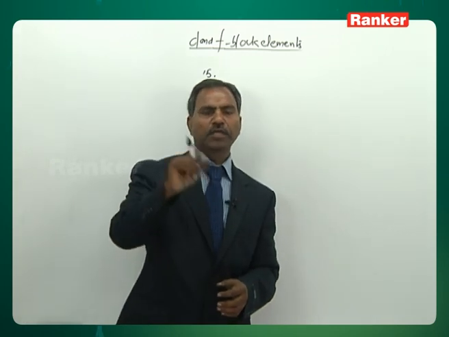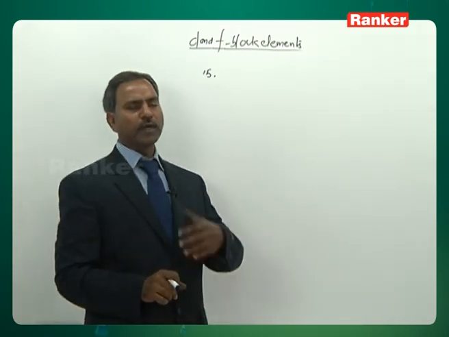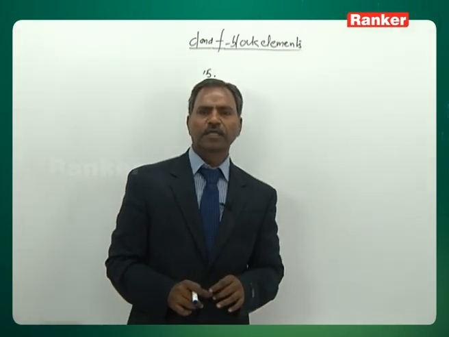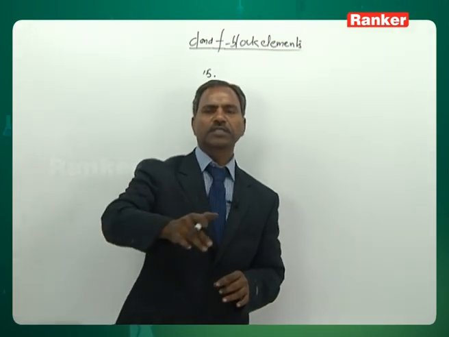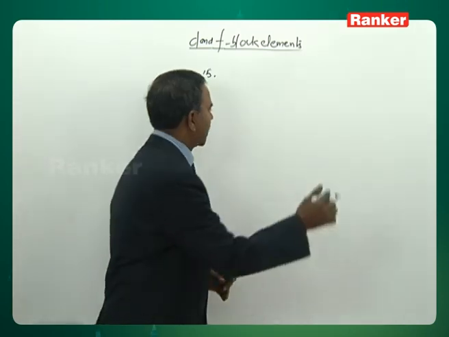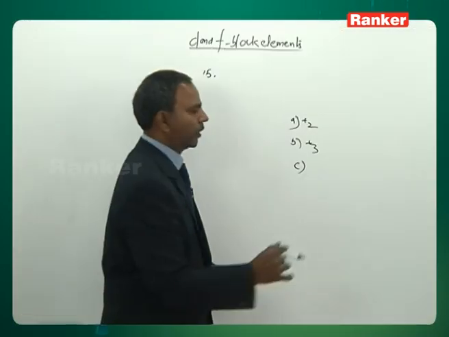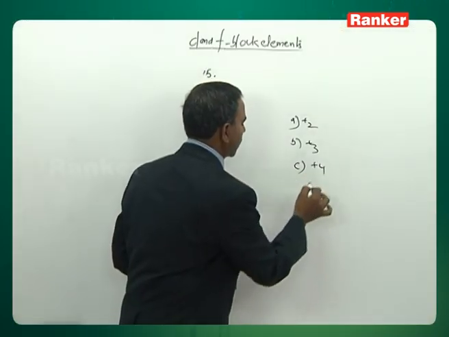Which of the following is least covalent? Least covalent means more ionic. More ionic means, among the given options, consider which has the lower oxidation state for vanadium. Option A, VCl2, vanadium is plus 2. Option B, VCl3, vanadium is plus 3. Option C, VCl4, plus 4.